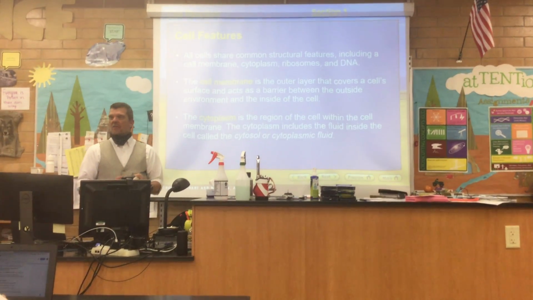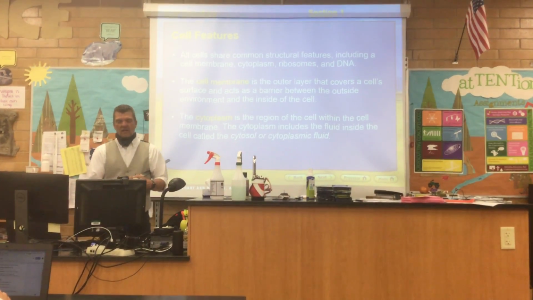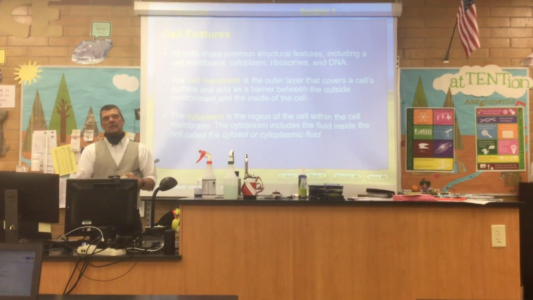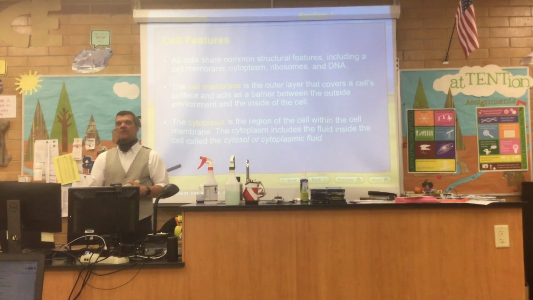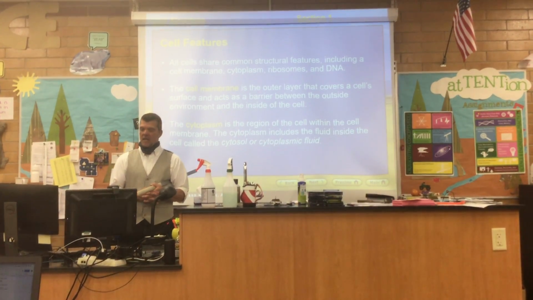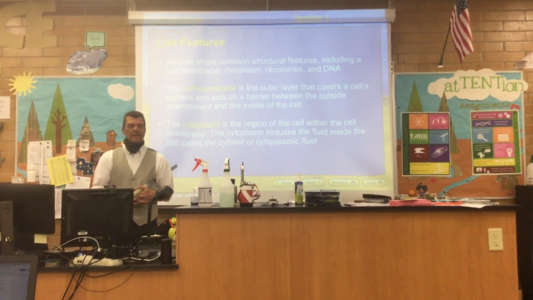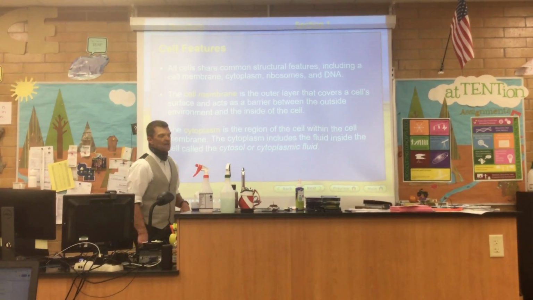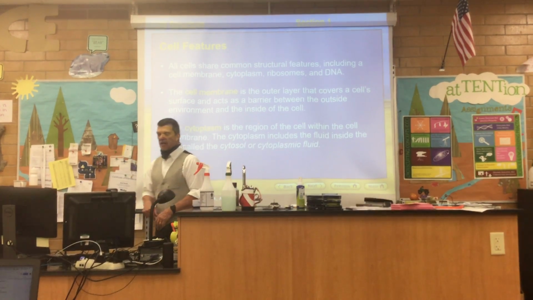Okay, let's talk about cell features. First of all, cells have an outside layer, an outside barrier that keeps everything from getting out and everything else from getting in. That's called a cell membrane. Then there's juice on the inside of the cell, and that's called cytoplasm.